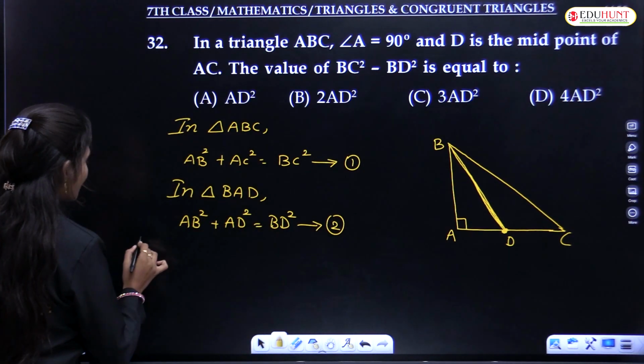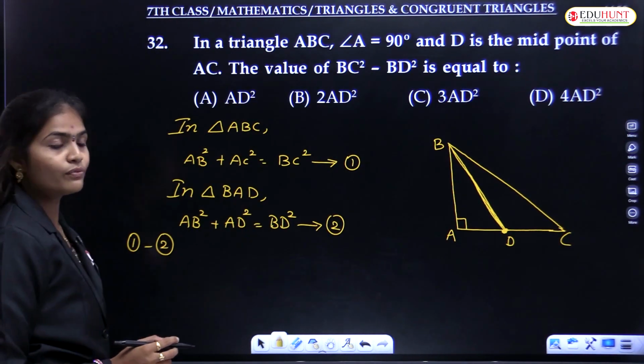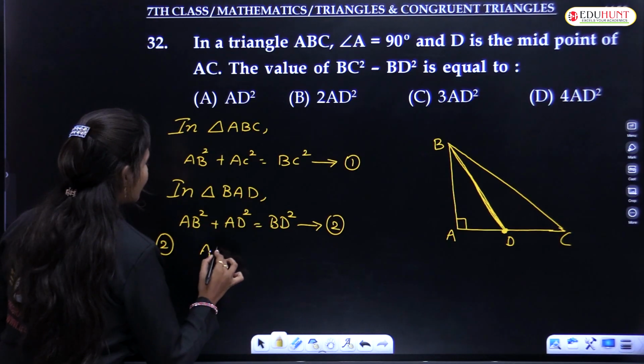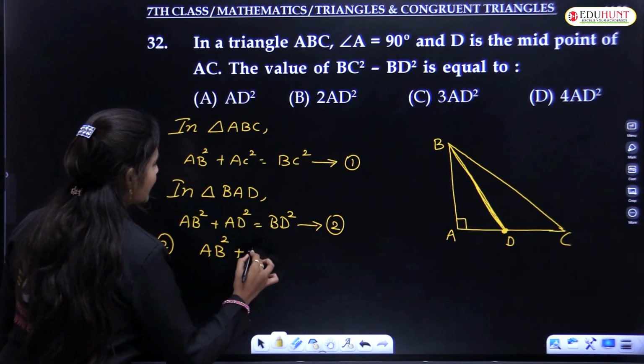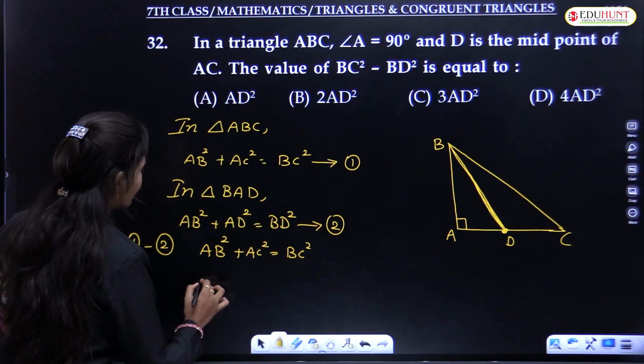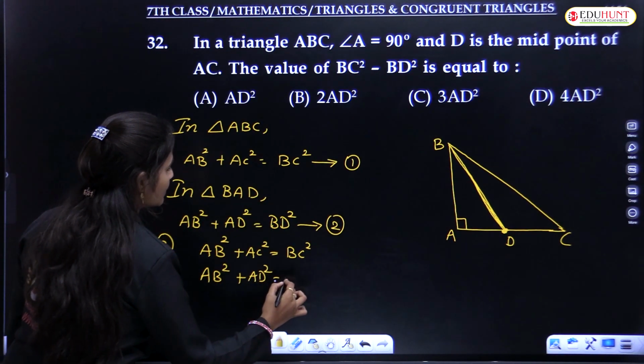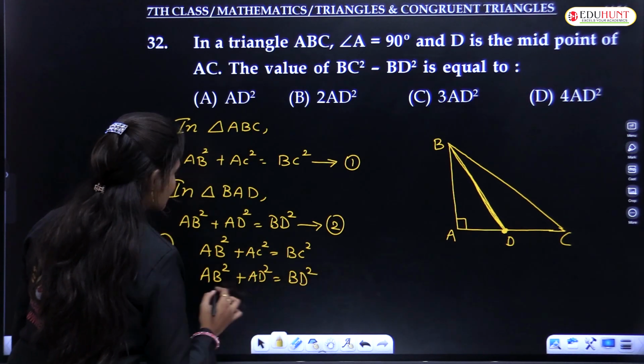Okay. Now subtract 1 and 2. So 1 minus 2. Here AB square plus AC square is equal to BC square, and another one, AB square plus AD square is equal to BD square. Subtract these two.